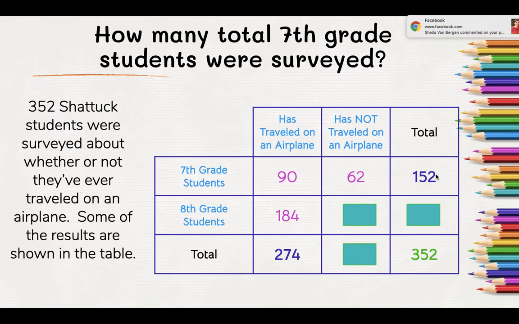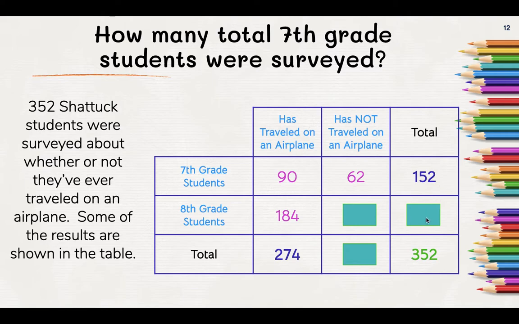To find out how we did that, we added 90 plus 62, because 90 students traveled on an airplane, 62 did not travel on an airplane. So we add those together, so we get 152 total surveys that were completed that were 7th graders.